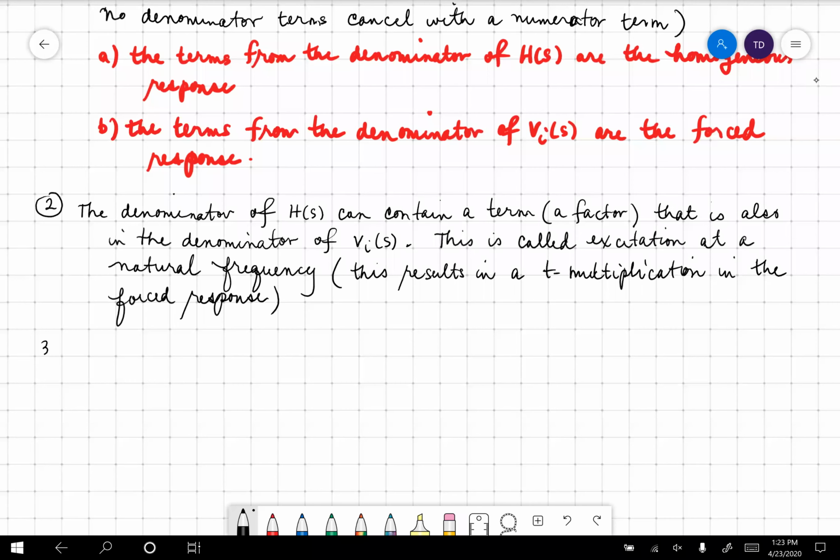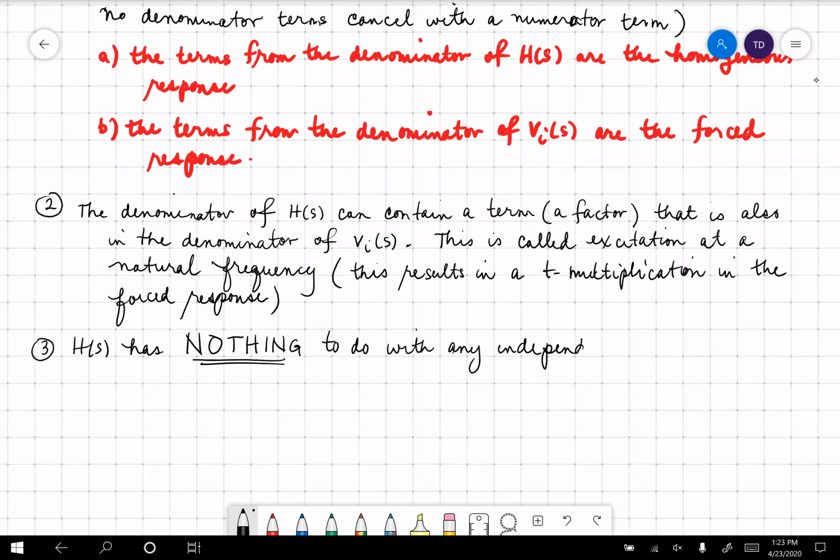3, H of S has nothing to do, believe it or not, it has nothing to do with any independent input. In fact, we can define the input ourselves.